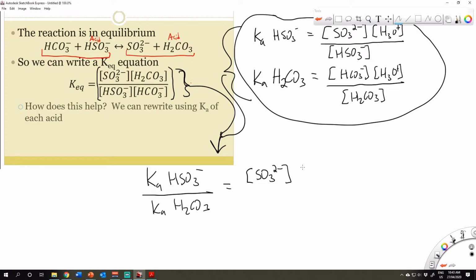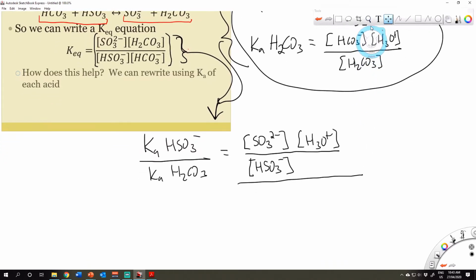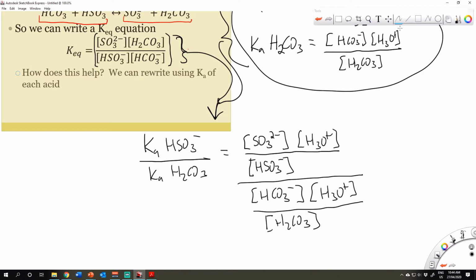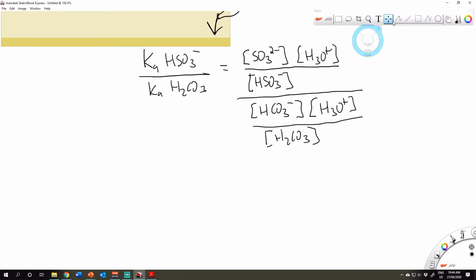SO3 2-, H3O+, all over HSO3-, all divided by HCO3-, H3O+, and then H2CO3. Cleaning up this gargantuan fraction, I get the following.